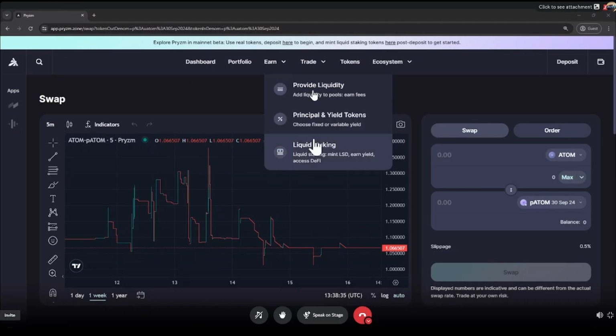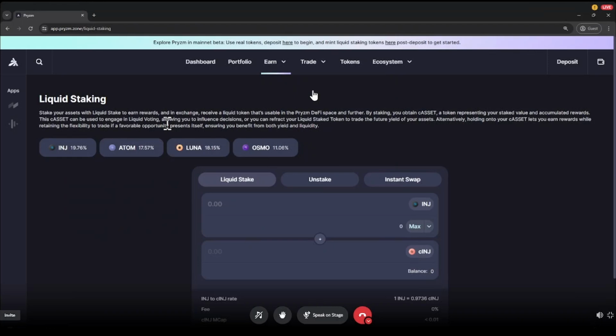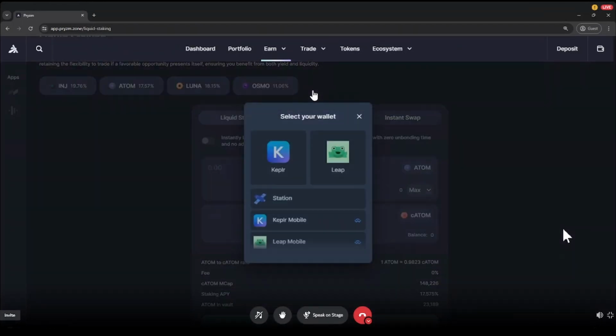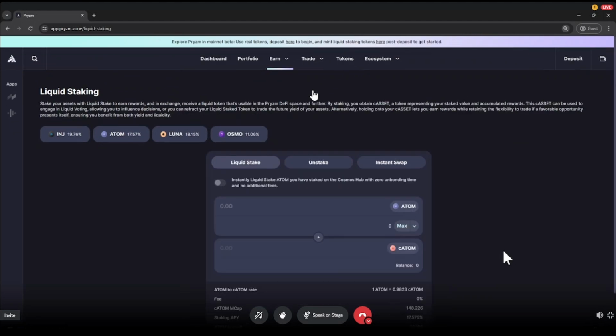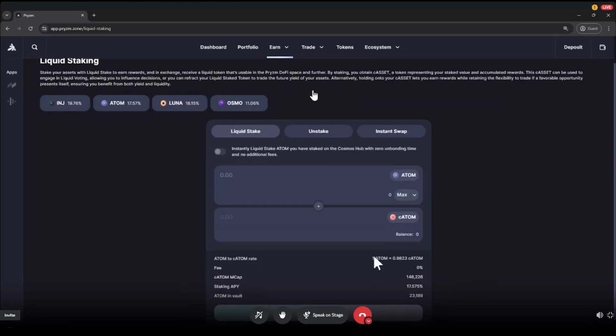So liquid staking derivatives actually have a sort of fixed exchange rate. For example, if you come here on Prism's liquid staking derivatives, you look at ATOM here, 1 ATOM is worth 0.9823 ATOM. What does that mean? That means your ATOM that you deposited has been earning staking rewards, so it's only going to cost you 0.98 of a cATOM to get back 1 ATOM.